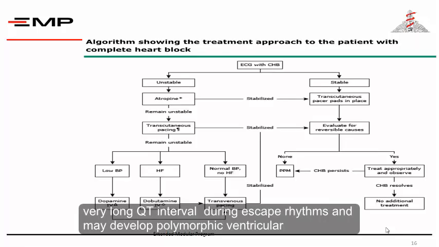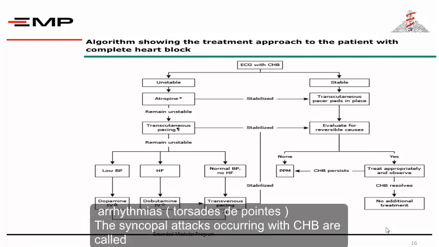And this is the algorithm for the treatment approach to the patient with complete heart block. If you have an ECG with complete heart block, you should look at whether the patient is stable or unstable. If he is stable, you will refer for transcutaneous pacing or temporary transvenous pacing, and do an evaluation for reversible causes.